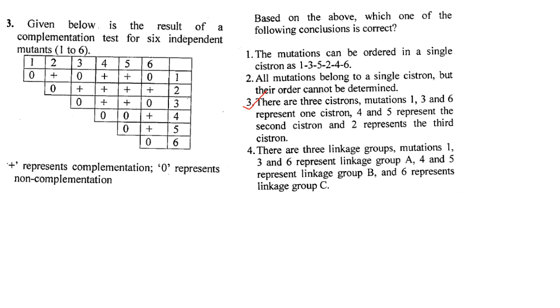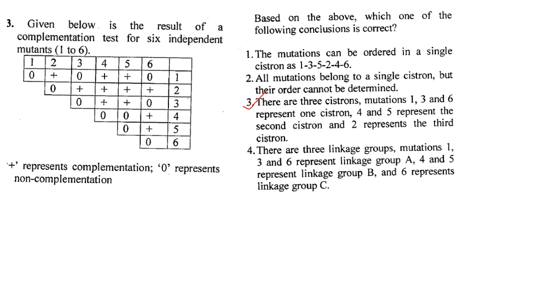Next one. Given below is the result of a complementation test for 6 independent mutants, 1 to 6. Plus represents complementation, 0 represents non-complementation. Based on the above, which one of the following conclusions is correct? When they give a tabular column like this for complementation, you have to see the non-complements first and group them.